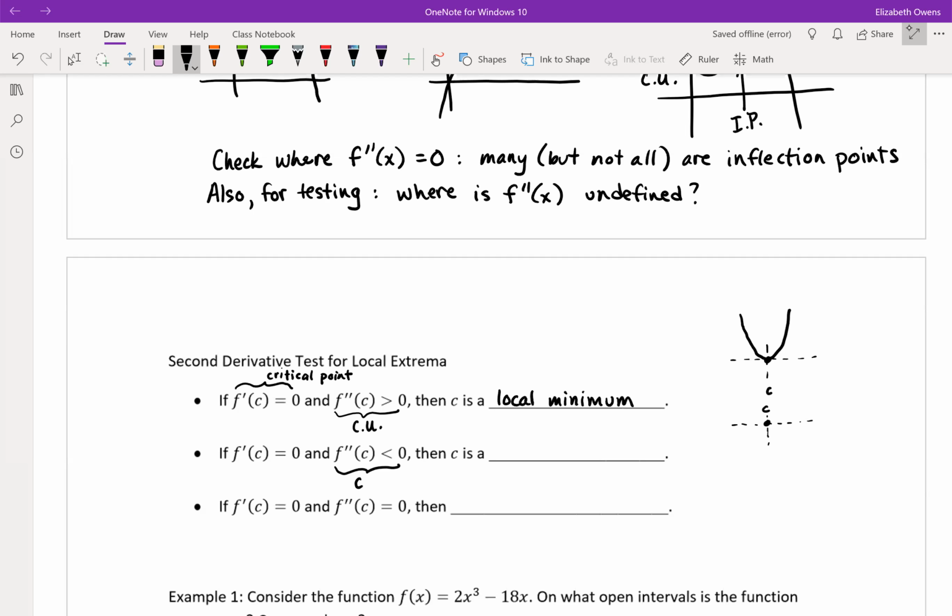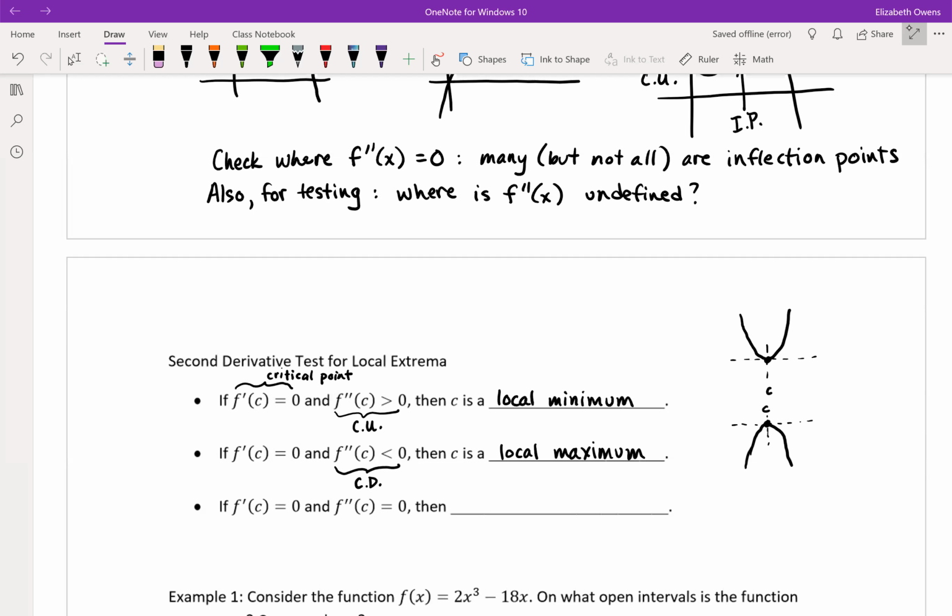Negative means concave down, a frowny face type of shape. So there's our critical point with the horizontal tangent line, and we have a concave down type of shape here. We can see that C, and f of c specifically, is going to be a local maximum value of the function. It's at the top of the hill there.